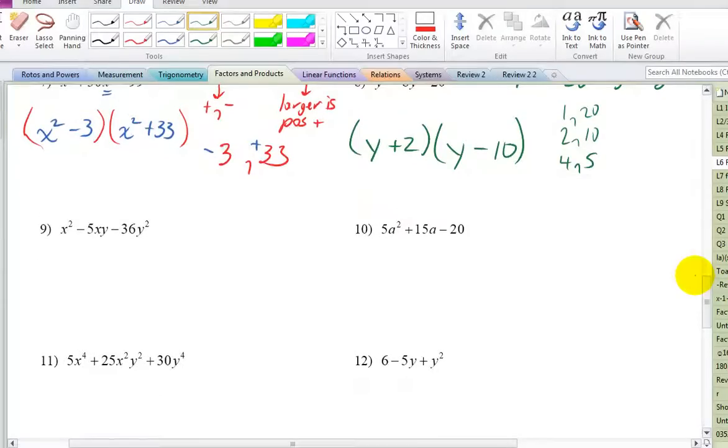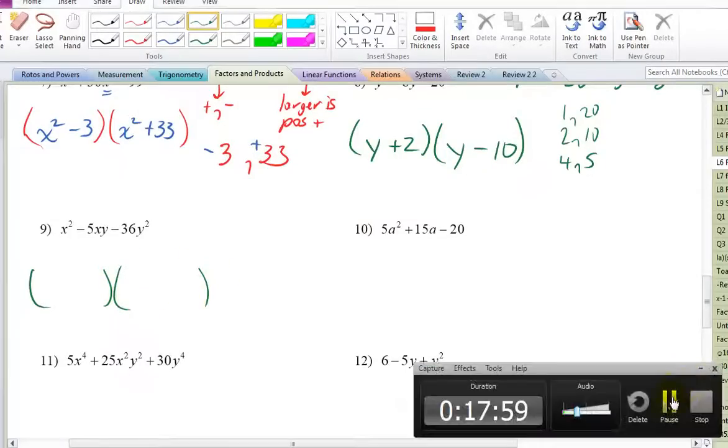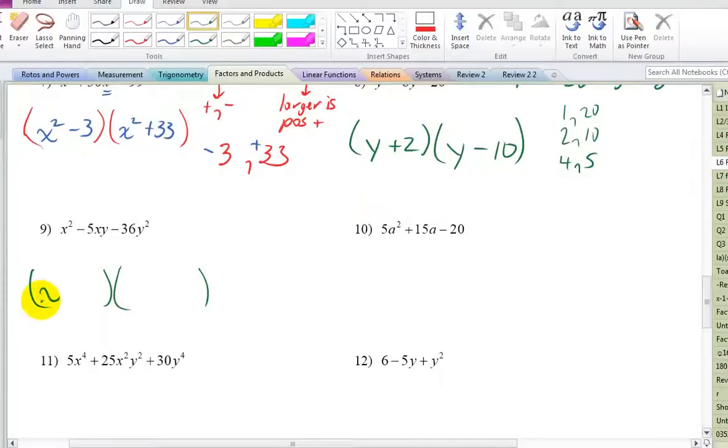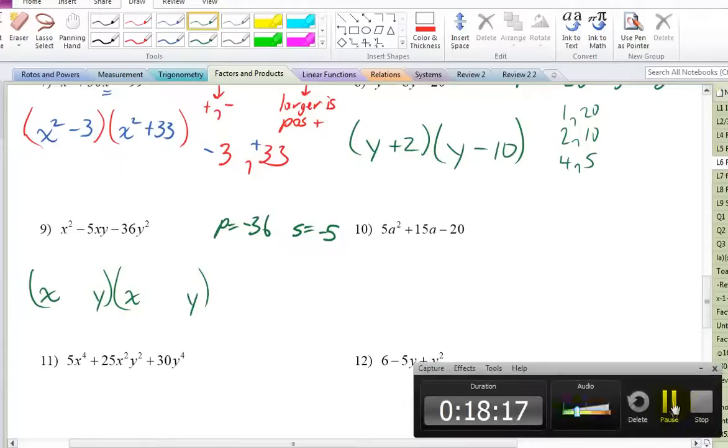Okay, next one, number 9. Go for it. All by yourself. Watch the letters. There's x's and y's. And guess and check with your numbers. Go for it. 36.